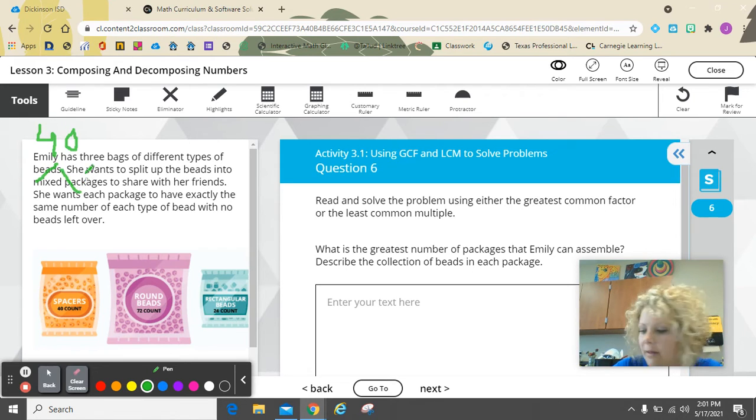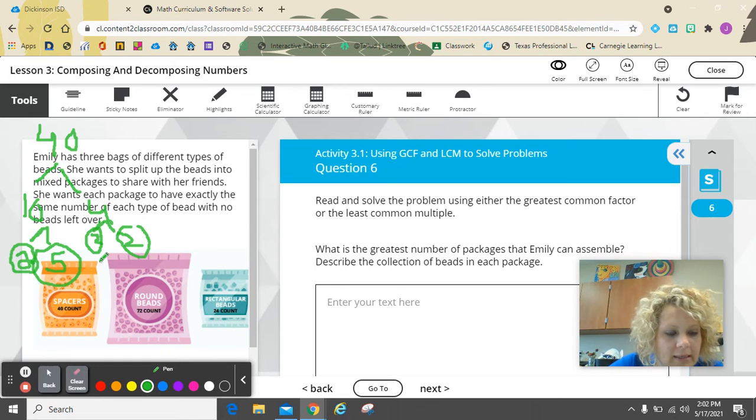My factors of 40 are going to be, I could do 10 and 4. And 10 and 4 are still composite. I can do 2 and 5. 2 is prime, 5 is prime, and then 4 would be 2 and 2.